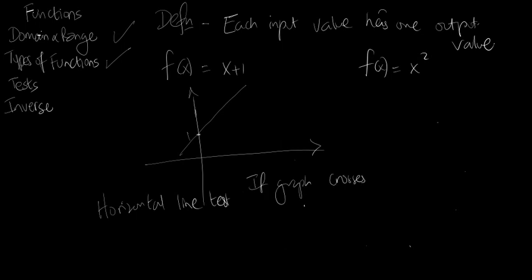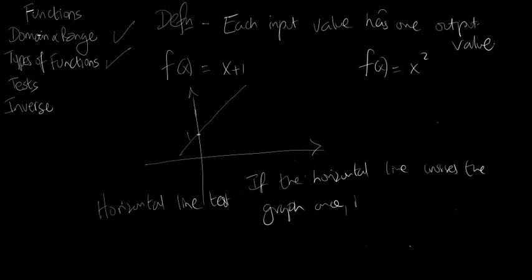Sorry, let me rephrase it. It should be read as: if the horizontal line crosses the graph once, it passes the test, and therefore the inverse exists. Okay, so that's how we can check whether a function is one-to-one.